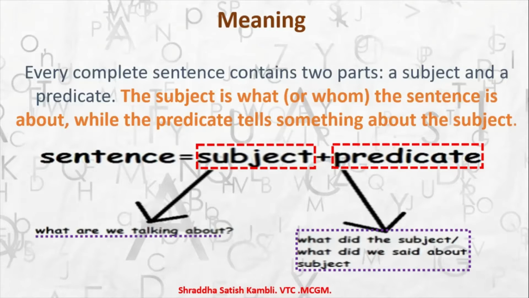So ran fast is the predicate. Okay, so this is how we learn what the meaning of a subject and what the meaning of a predicate is, by asking these questions: who and how, or who and what. These kind of questions, when you ask at the right time, you will be able to understand what the meaning of a subject and a predicate in a sentence is.